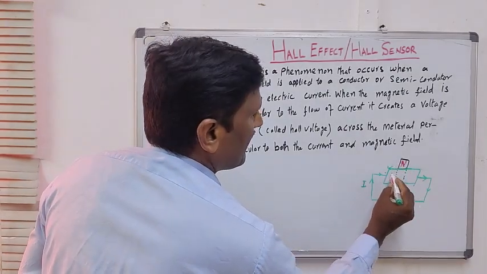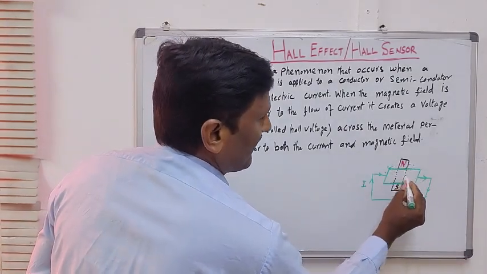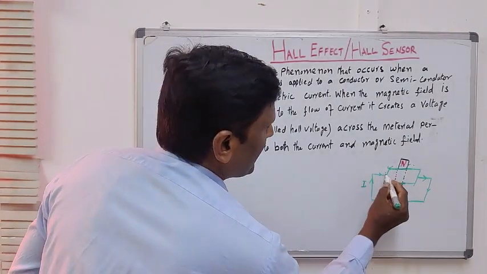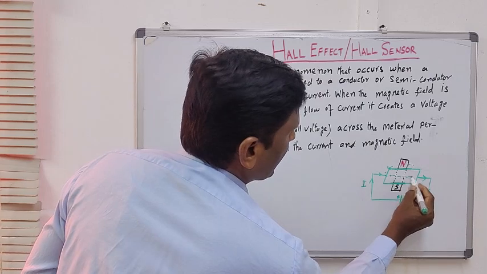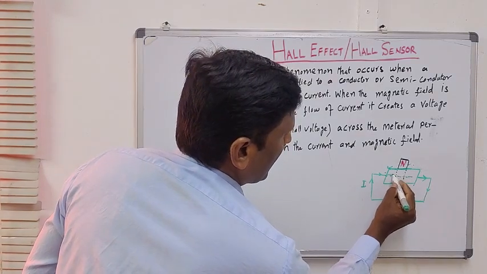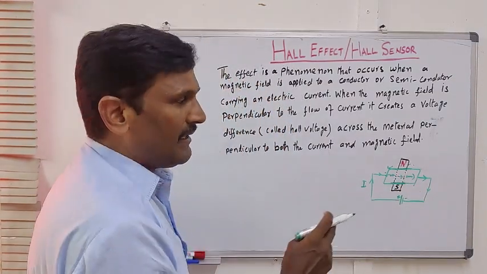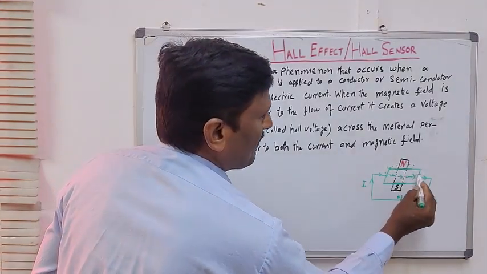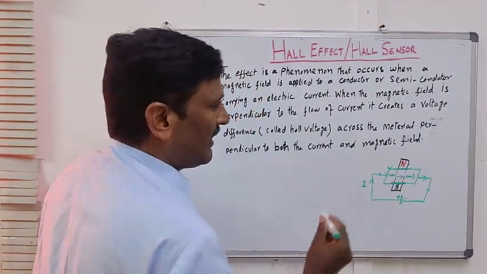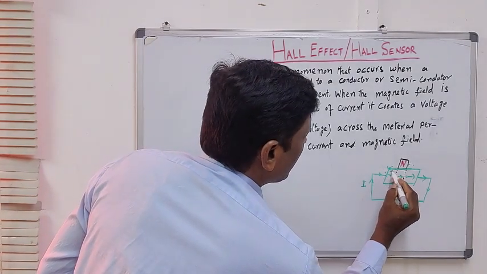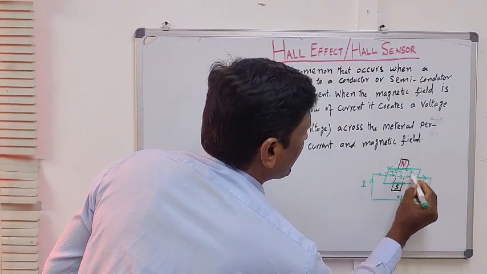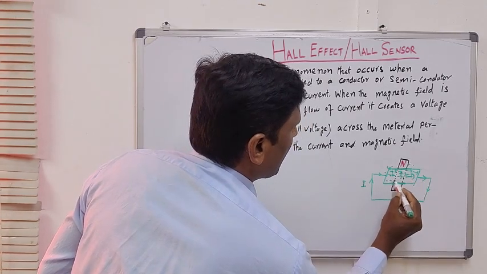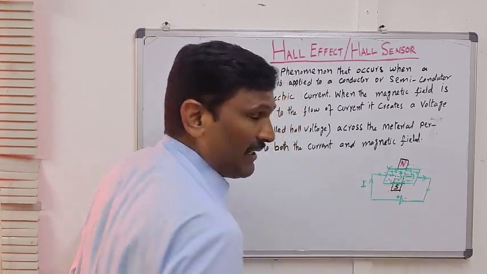A magnetic field is produced, and this magnetic field deflects the flow of the particles. The particles are passing through the conductor, and the magnetic field deflects them. So the positive particles deposit on this side, and negative particles deposit on this side.